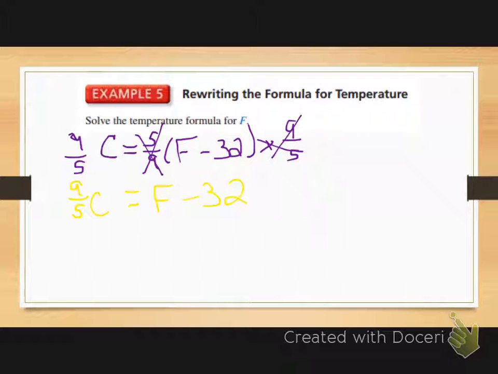Kind of easy. Your next step here is just to add 32 to both sides, and you'll end up with F equal to 9/5 C plus 32. So that's how you're going to convert the rewritten formula.